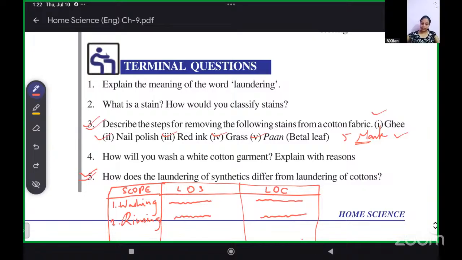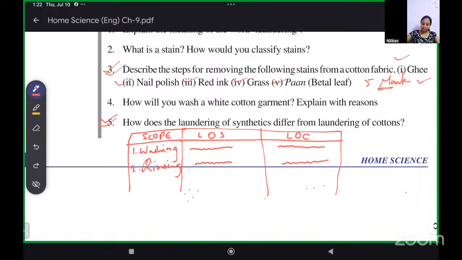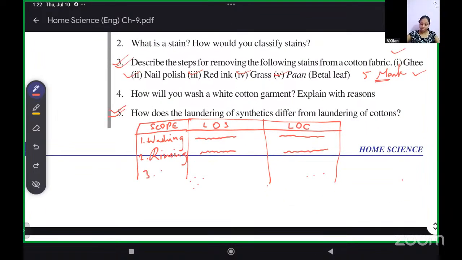Then we can put three, drying. We can put dried in sun or dried in shade. Then you can put four, storing, and write how they are stored.